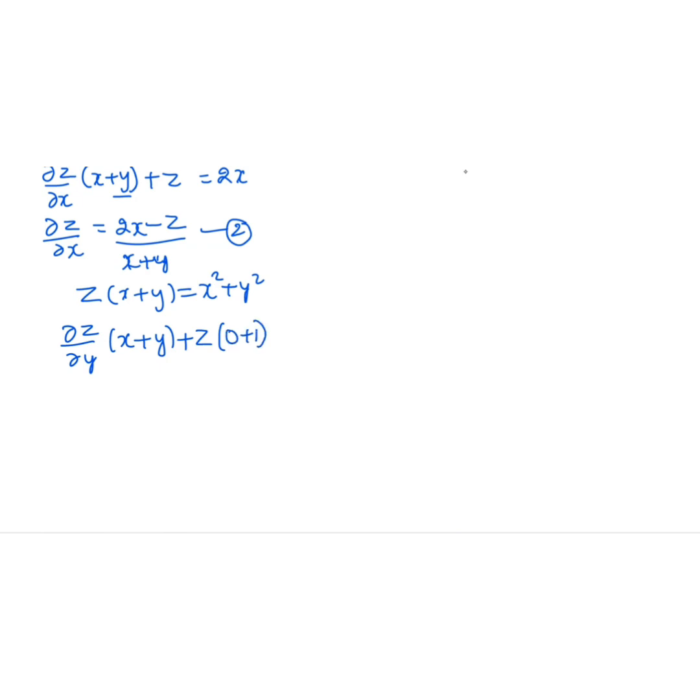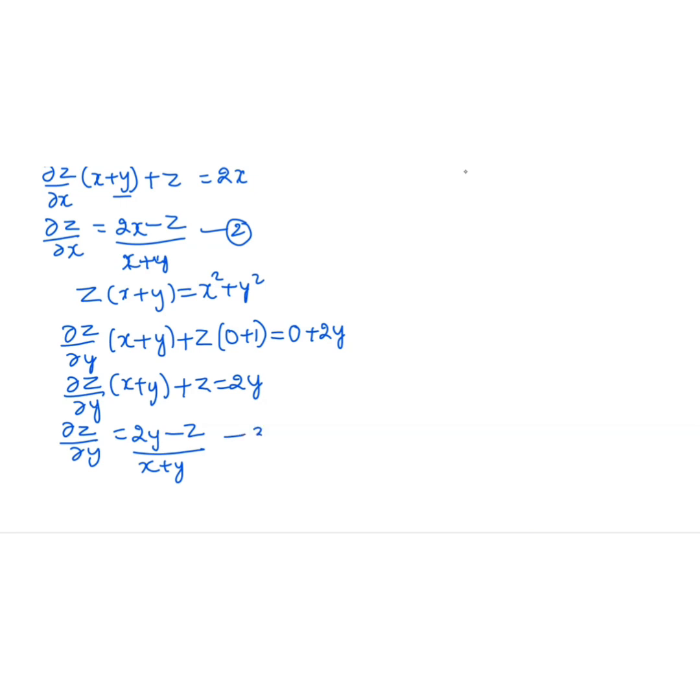We are partially differentiating with respect to y. Then first term will be 0, second term will be 2y. So now dou z by dou y into x plus y plus z equals 2y. So now dou z by dou y equals 2y minus z divided by x plus y. So this will be equation 3.